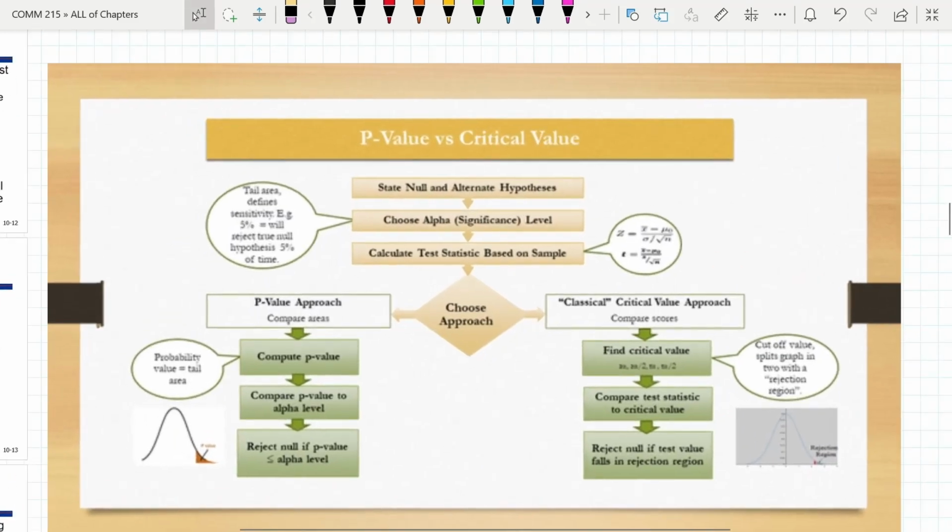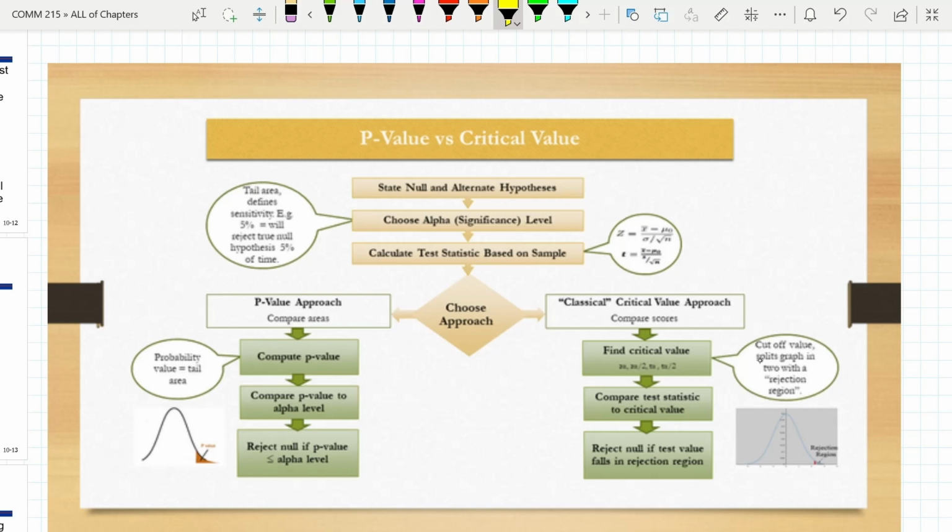Okay, so this image is to help you visualize which way you want to approach between p-values and critical values. As I said, it doesn't really matter. It pretty much gives you the same thing of figuring out if you want to reject or accept your null hypothesis.